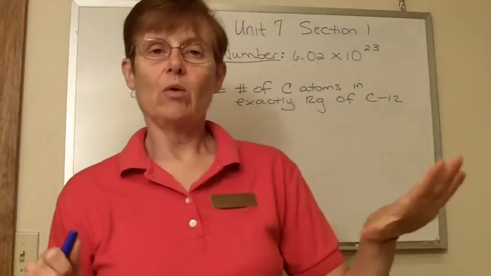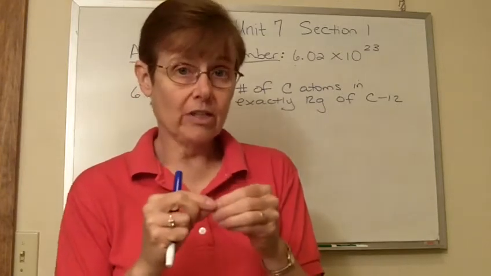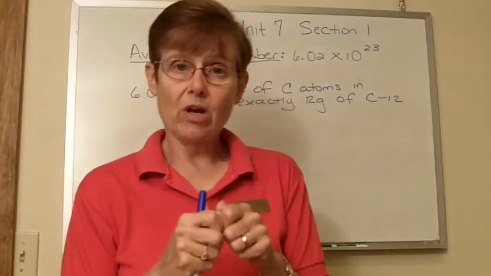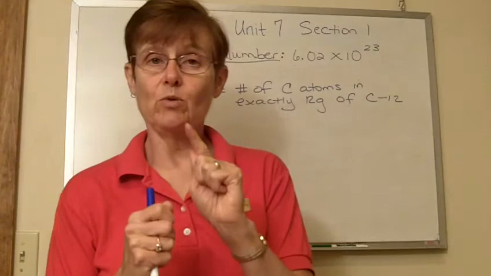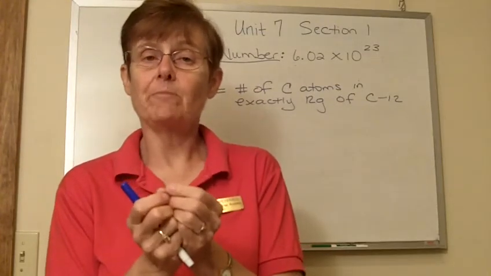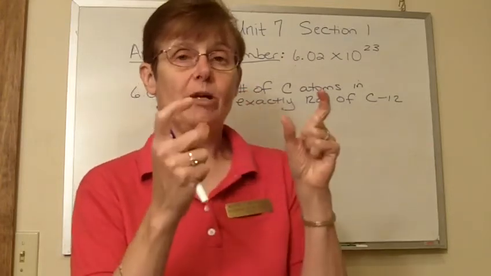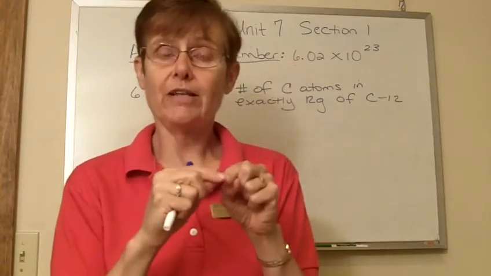So a little review here. Back a long time ago, we learned about the structure of the atom, and we learned that inside the nucleus there were protons and there were neutrons. Each proton has a mass of 1 AMU. Each neutron has a mass of 1 AMU. So if we count up all those particles, we get the total mass for the atom. And we learned that we could just go to the periodic table and get the atomic mass off of that little block on the periodic table.